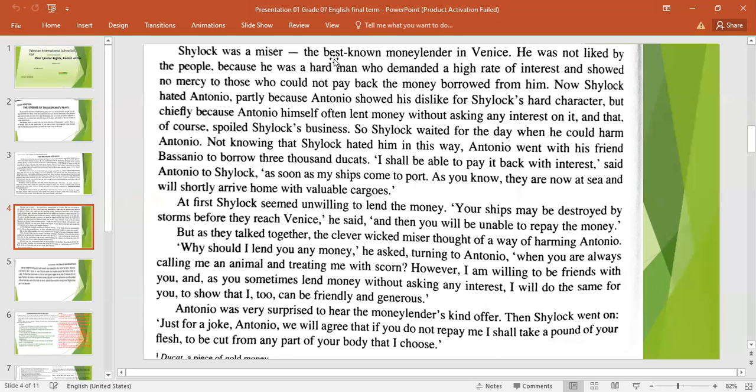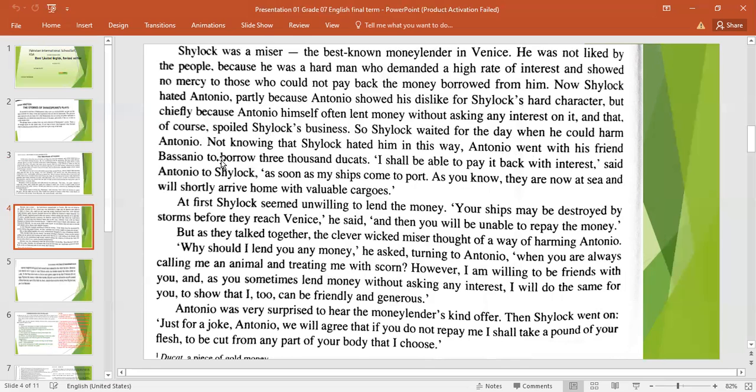Now Shylock hated Antonio partly because Antonio showed his dislike for Shylock's hard character, but chiefly because Antonio himself often lent money without asking any interest on it. And that, of course, spoiled Shylock's business. So Shylock waited for the day when he could harm Antonio, who did not know that Shylock hated him in this way.